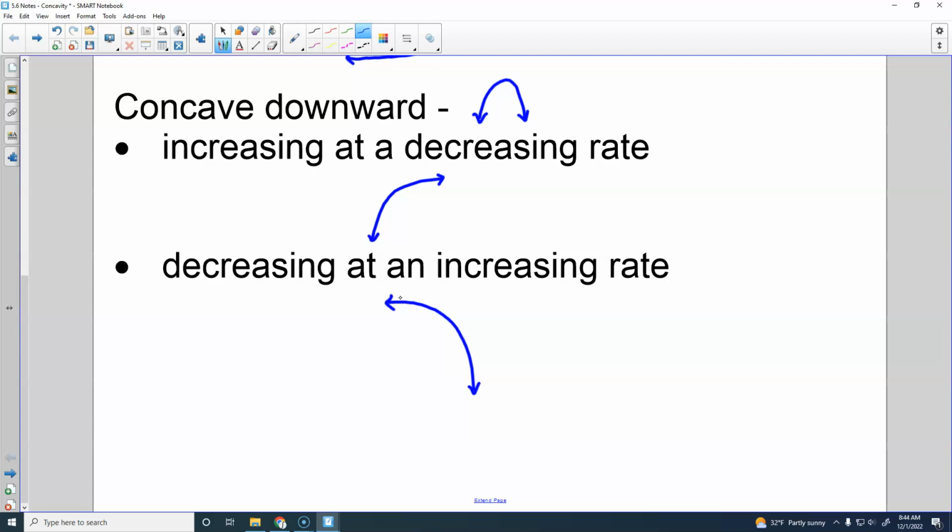Okay, so to think about this a little bit, this is going to deal with some derivatives, because when we're talking about increasing at a decreasing rate, increasing, we can tell by the sign of our derivative, right? If our derivative is positive, our function should be increasing. If our derivative is negative, our function should be decreasing.